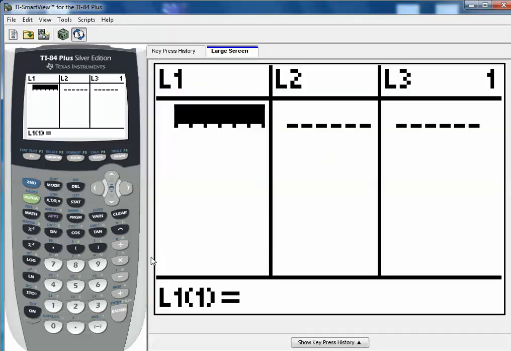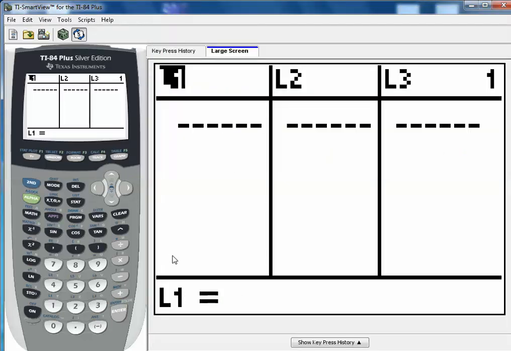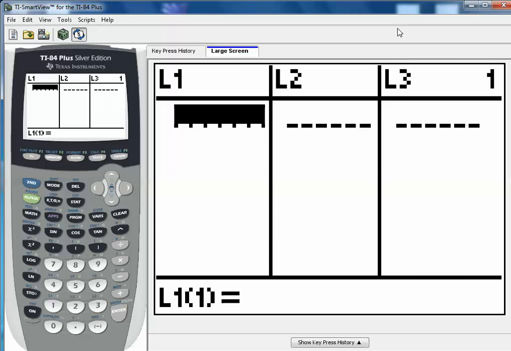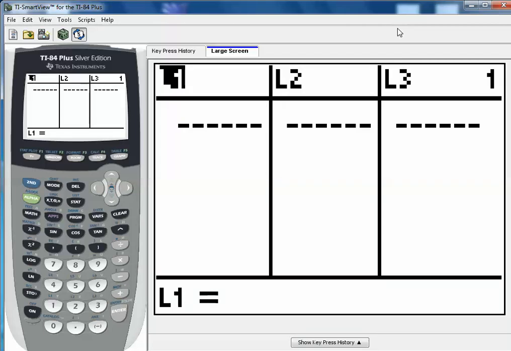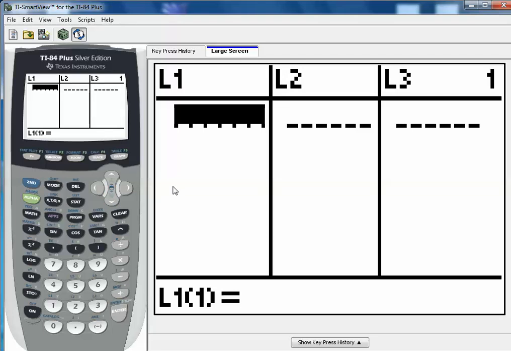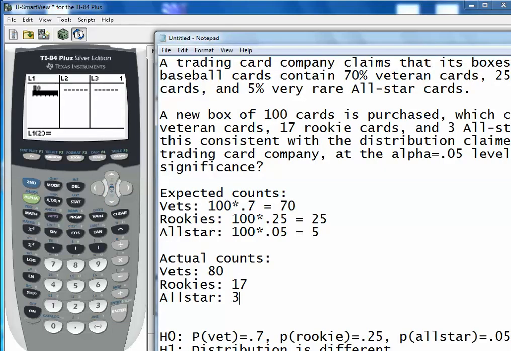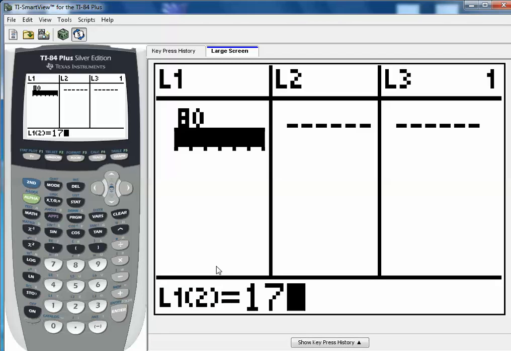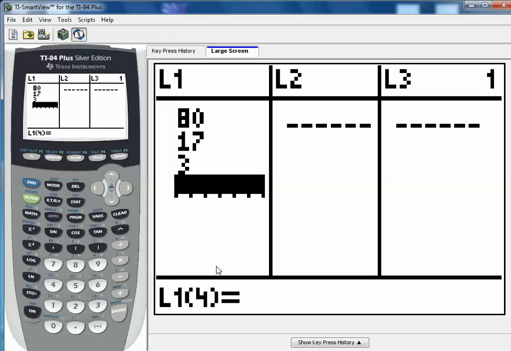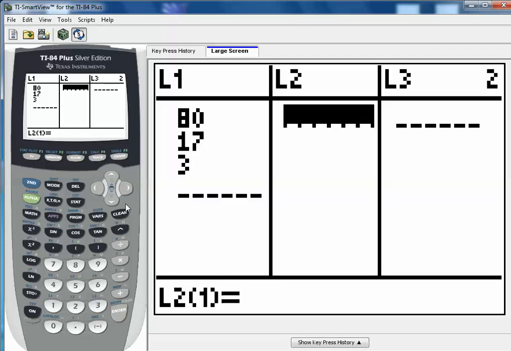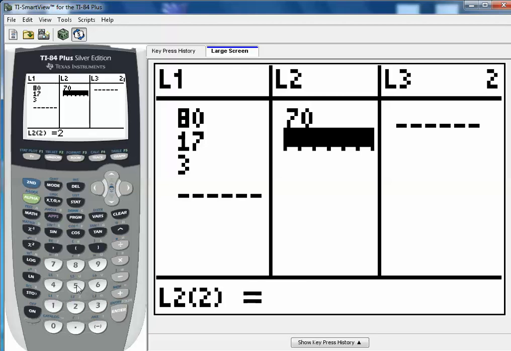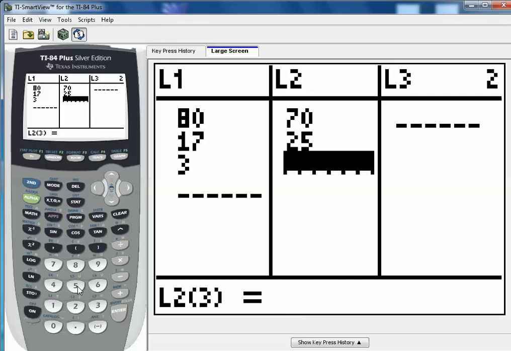So I had 80 vets. Oh, my numlock is off, that's why. I had 80 vets. We had 17 rookies, and we had 3 all-stars. We could have expected to get 70 veterans, 25 rookies, and 5 all-stars.